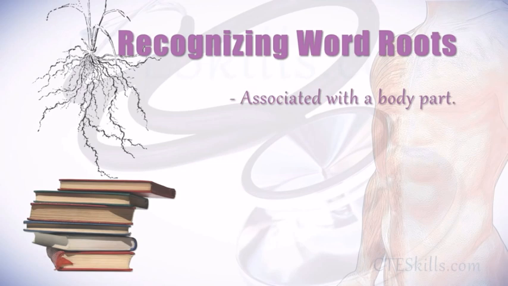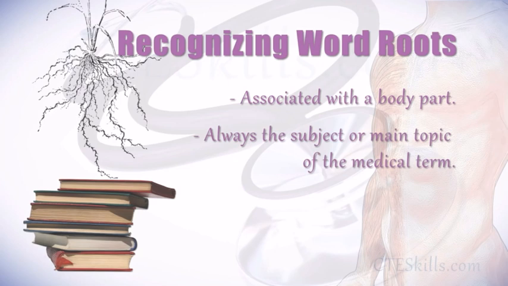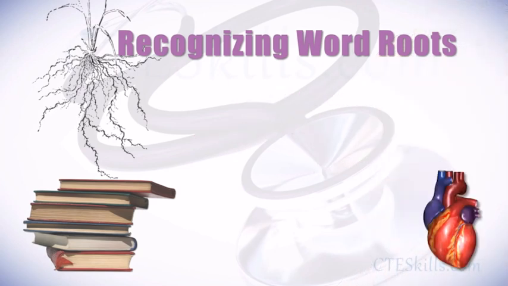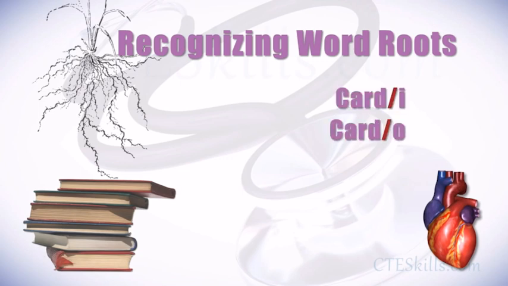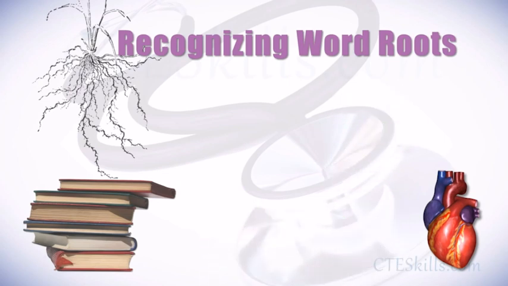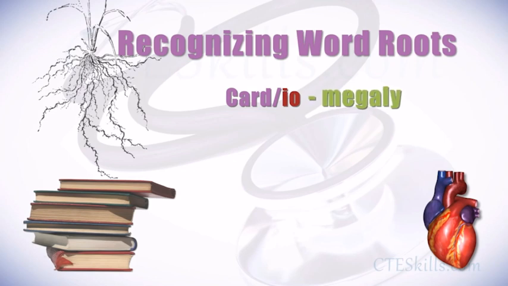Root words are frequently associated with a body part. A word root is always the subject or main topic of the medical term. For example, heart. The word root for heart is cardi, cardo, or even cardio. The slash is where the connecting vowel attaches to the root. An example, cardiomegaly. The method for deciphering a medical term is that you start with the last word part and work your way up through each element until you get to the first element of the term, which would most likely be a prefix.